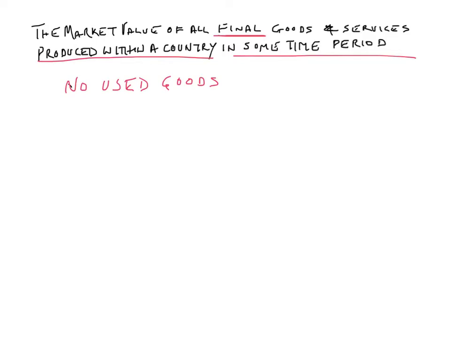They would count as part of China's GDP. And the same thing, Honda, if they make cars over here in the United States, they would count as GDP in the United States. So any cars that say were made here in the U.S., but then are exported to another country, would count as GDP for this country.